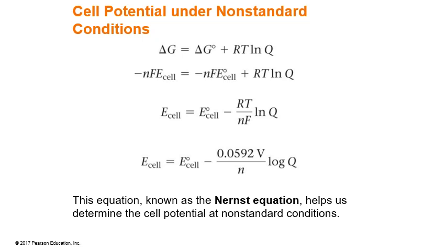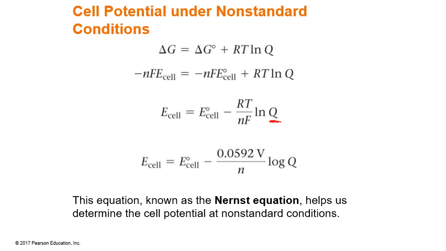Well, in this case, we're not going to be exactly at equilibrium, and so we've replaced the K value with Q. We're still looking at a temperature of 25 degrees Celsius, and so we can substitute the RT divided by Faraday's constant, and we end up with 0.0592 volts again. n is the number of electrons that are being transferred in our chemical reaction, and we're looking at the standard cell potential minus that new value.